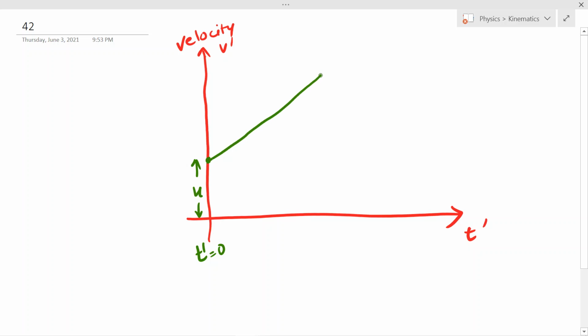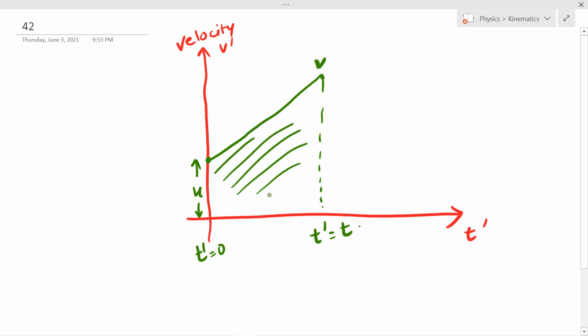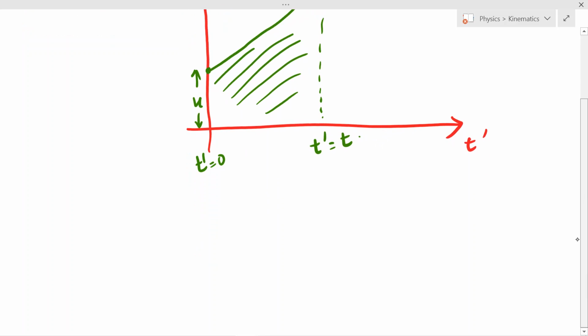So this will go like this, and suppose the y coordinate is v here, and let's say it reaches v at an instant t dash is equal to t. Now the area of this trapezium will be the displacement, that is the area under this curve for this time interval.